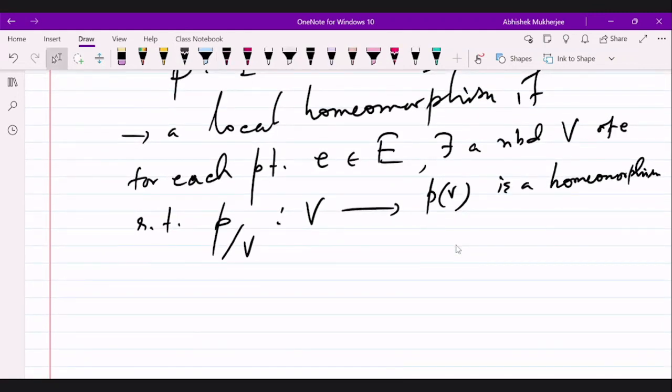Or one can say that this V is homeomorphic to some open set in B. So that is what is called a local homeomorphism.